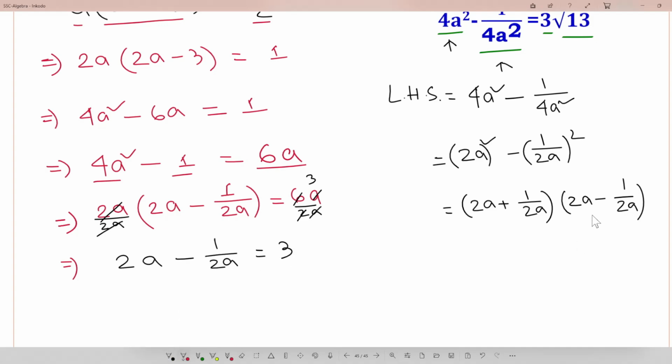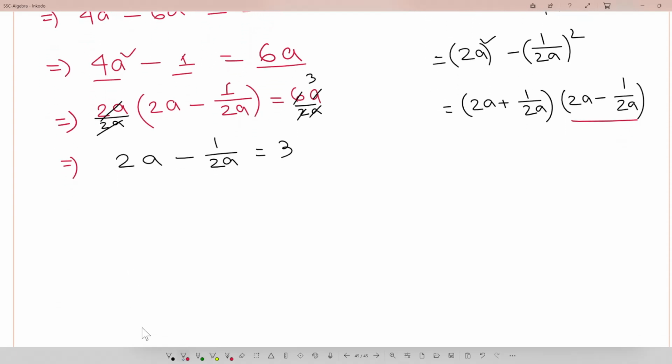So one chapter is closed. Here is 3. But what about 2a plus 1 by 2a? This one we can write now. Our target is to make 2a plus 1 by 2a, right? So 2a plus 1 by 2a, we can write this one square, and here is square root.